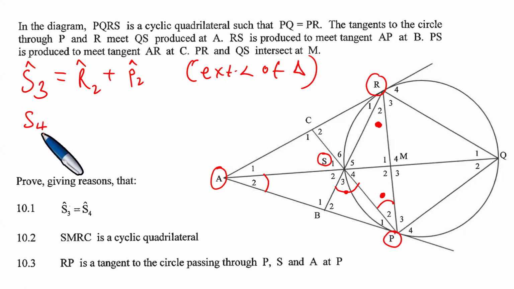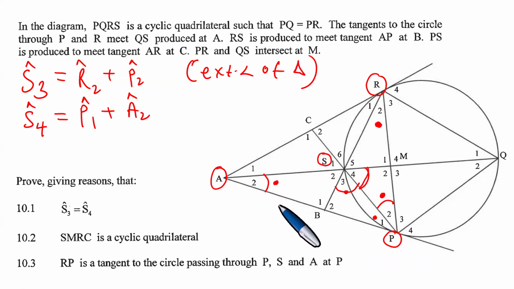Moreover, we have S4. Here is S4. The angle S4 itself is equal to angle P1 plus the angle A2. Let's analyze this together. So we're arguing that the angle S4 is equal to the angle P1, which is this one here, plus the angle A2, which is this one here.